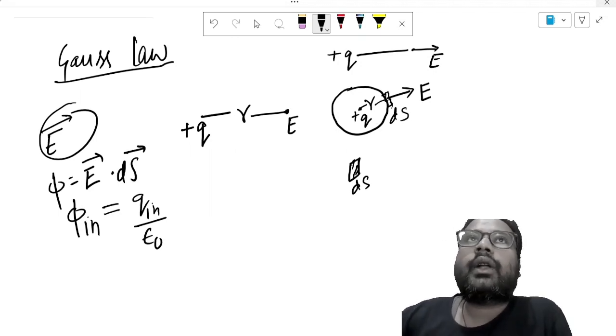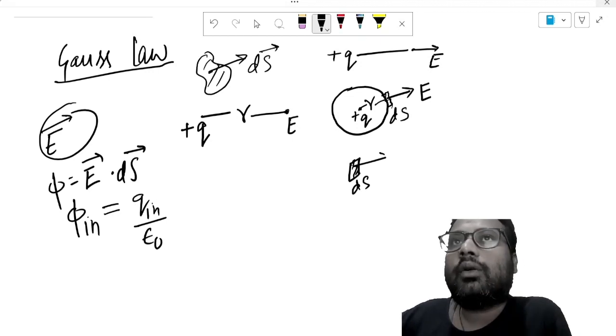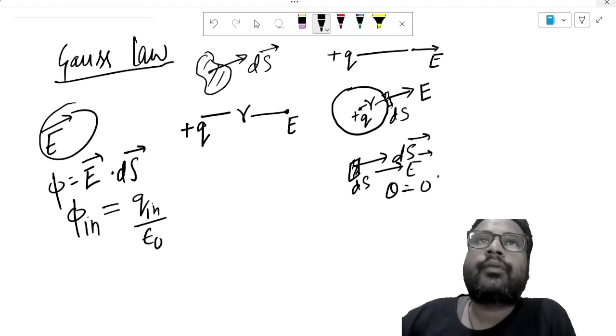So we know that for any aerial surface, the vector of area is always perpendicular to the plane surface. So this is perpendicular to this surface. So ds vector will be along this direction, and E vector is also along this direction. So the angle between both ds and E vector will be 0 degree.